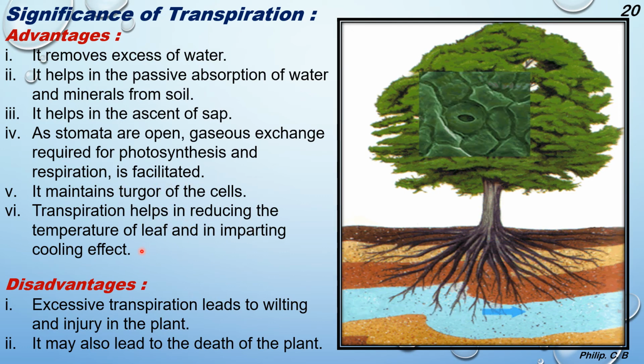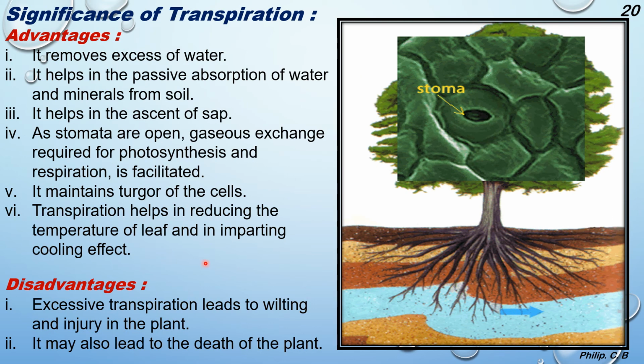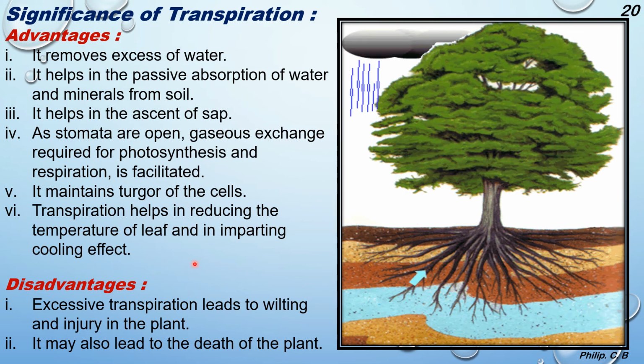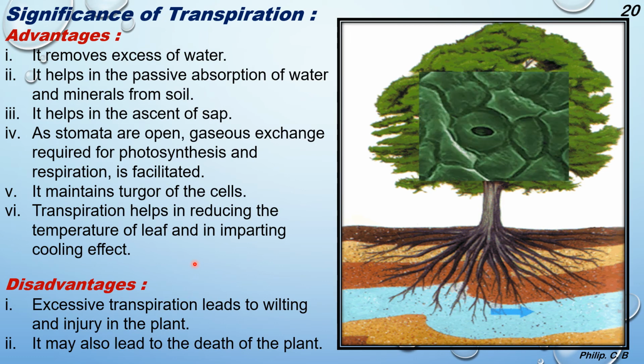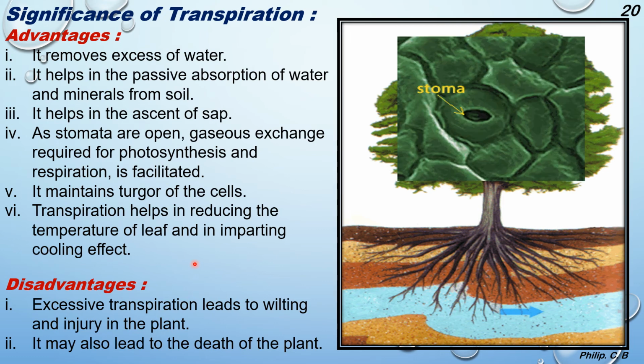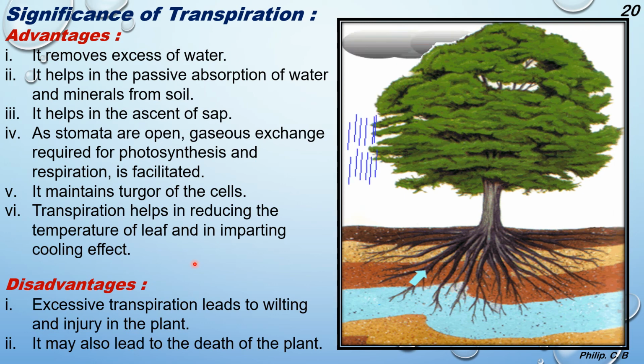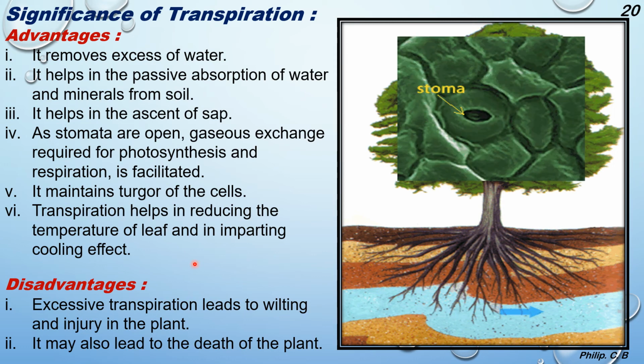Transpiration helps in reducing the temperature of the leaf and in imparting cooling effect. So see the advantages: to remove excess water, for passive absorption of water and minerals, causing ascent of sap, stomata which open not only for transpiration but for the gaseous exchange required for photosynthesis, to maintain turgidity, and also to impart cooling effect to the plant.